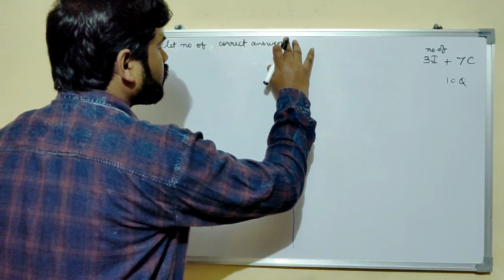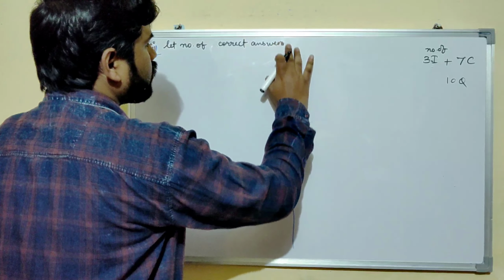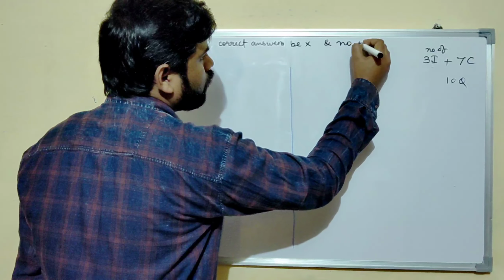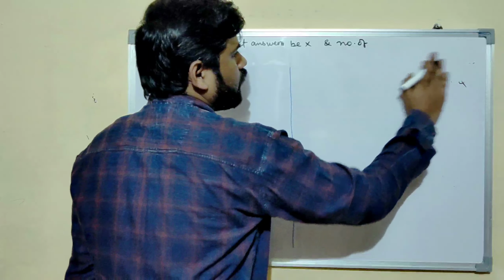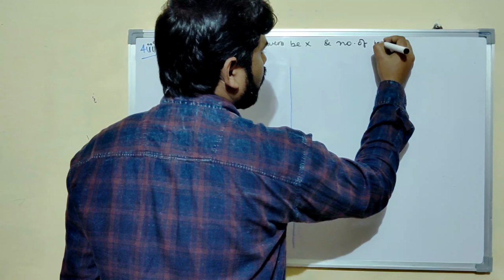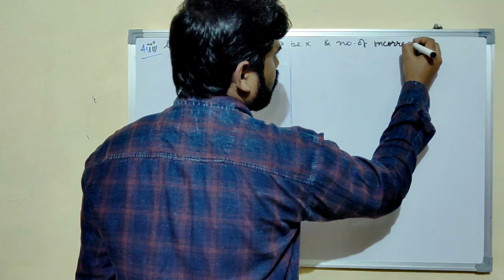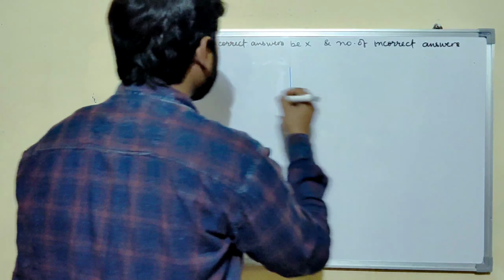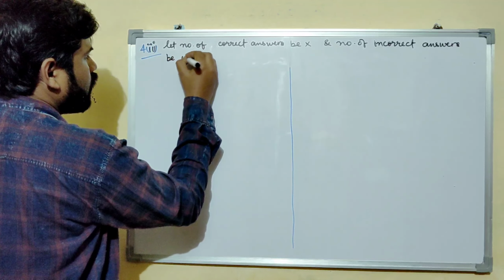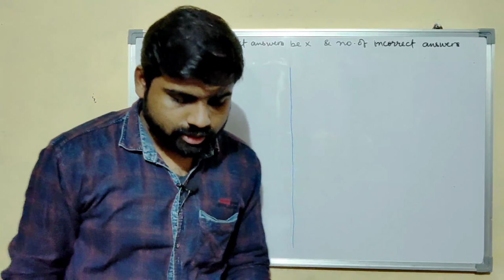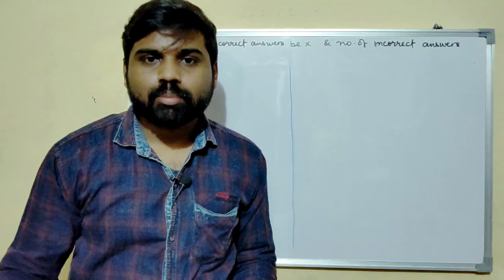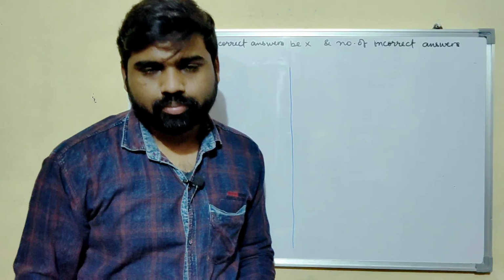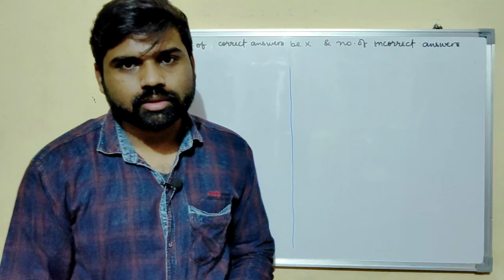Let the number of correct answers be x and the number of incorrect answers be y. Now they are saying that the test is awarding 3 marks for each right answer and losing 1 mark for the wrong answer.